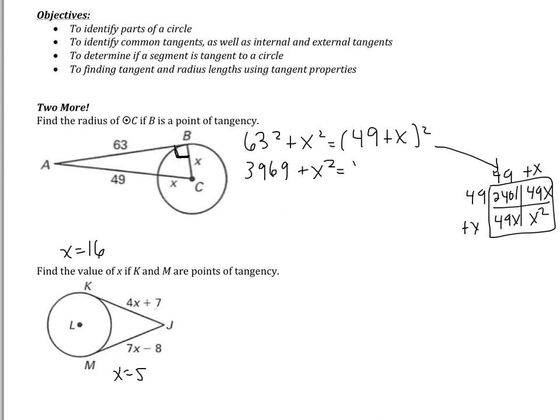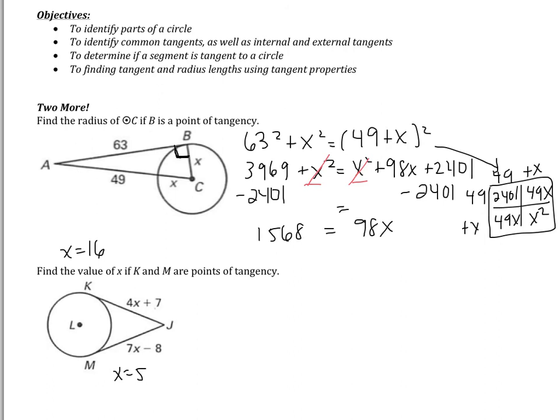Combining like terms, I have x squared, add 98x, add 2,401. Okay, I have x squared on both sides, so those are going to cancel, which again should always be the case. I'm going to subtract 2,401, and I get 1,568 equals 98x. Dividing by 98, I get x equals 16. If you made a tiny mistake, not a big deal. Hopefully you at least had the correct setup.